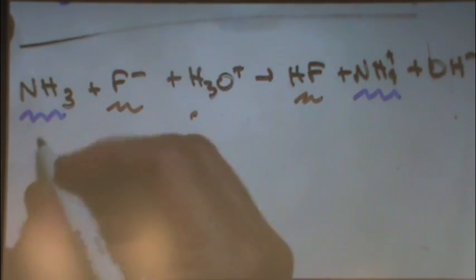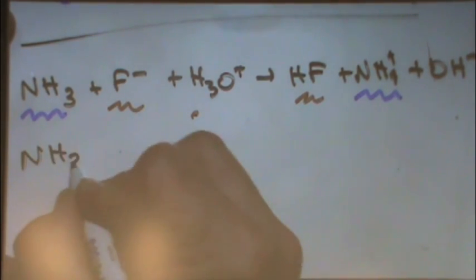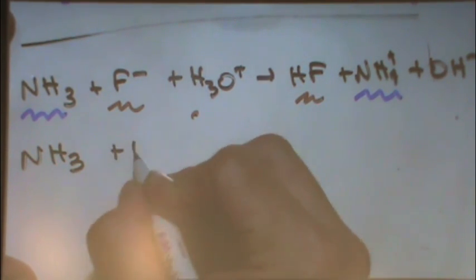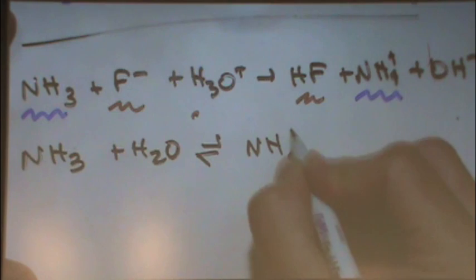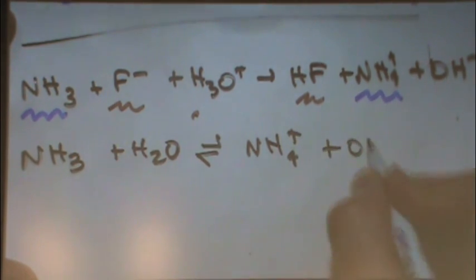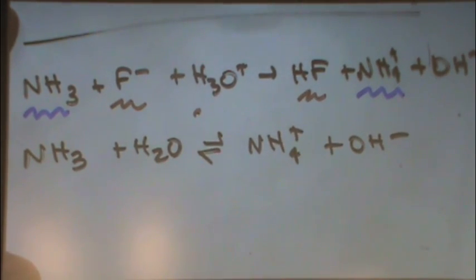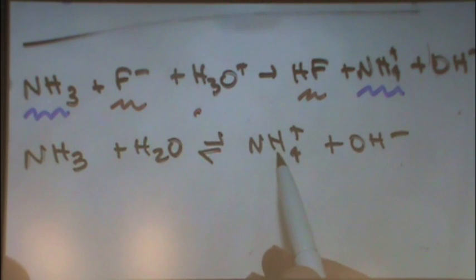So the NH3, I think somebody knows how to do it now. I know the general reaction for a base, for NH3, involving it and its conjugate. Is that okay?